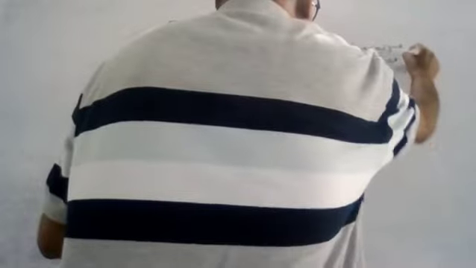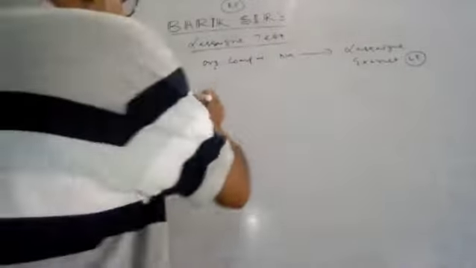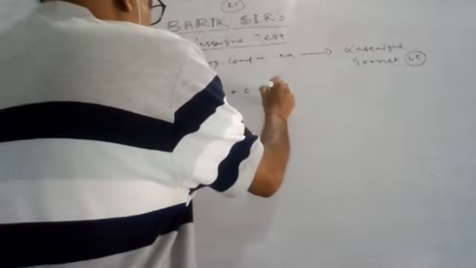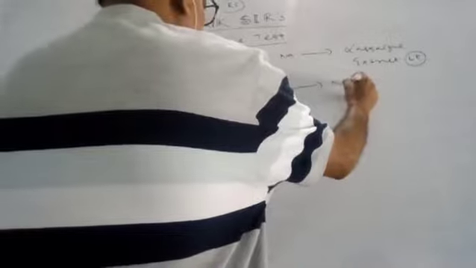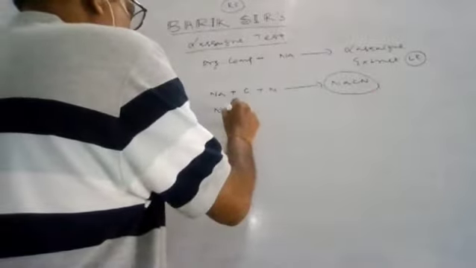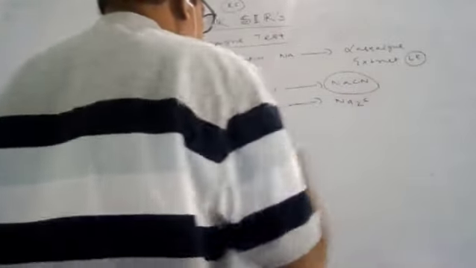We can write it as LE, the Lassaigne extract. The sodium reacts with carbon and nitrogen to form sodium cyanide, an ionic compound. If sulfur is present, it is converted to sodium sulfide.